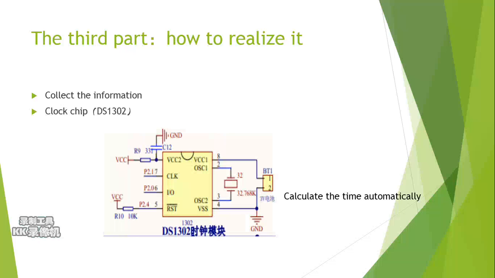And then I have a clock chip named DS1302 to calculate the time. This chip can work automatically once the microcomputer controls it. With this chip, we can get the information of time.